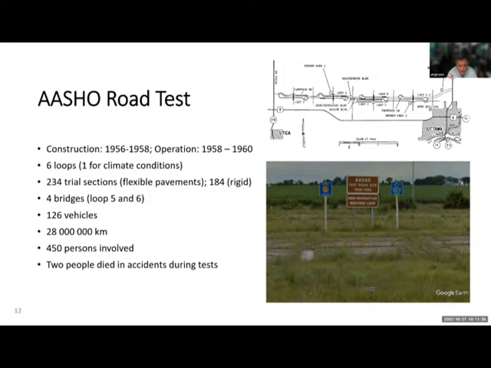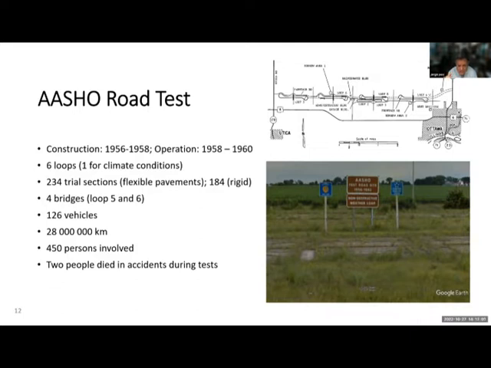This full-scale test was constructed with more than 400 trial sections. So these were sections with different compositions in terms of materials and thickness. So it was a very extensive trial. They also included bridges.